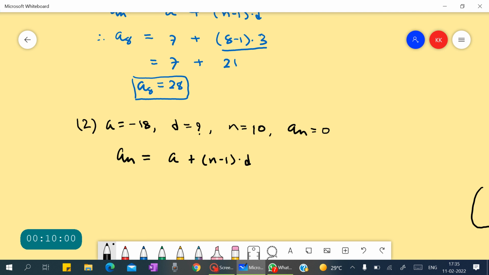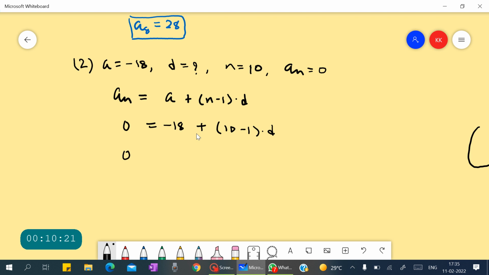Here, my dear students, you can understand very well that we need to find d. So very smartly put in all the values. an is 0, a is minus 18 without fail, plus n is 10, minus 1, and into d, which I have to find.